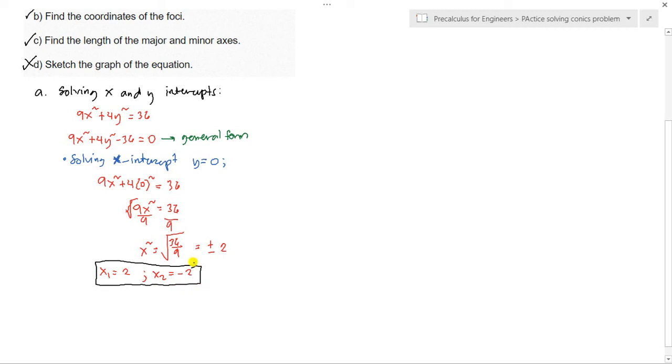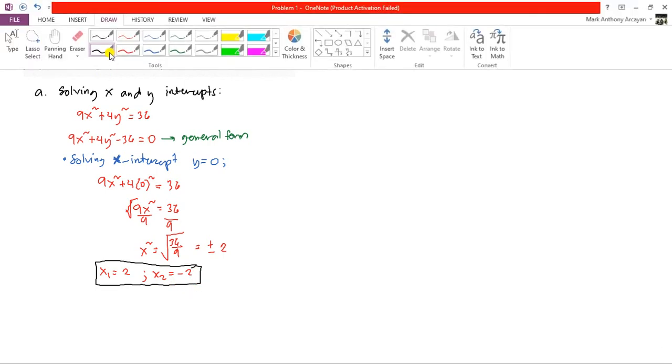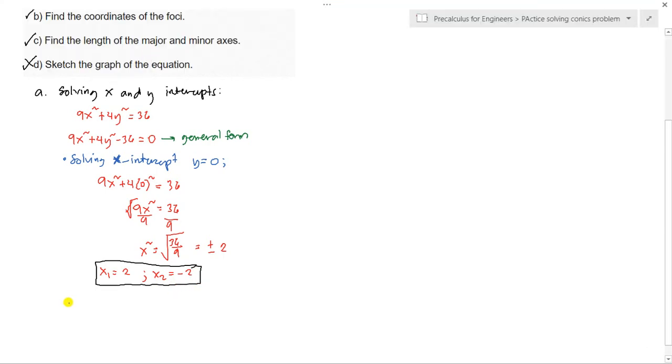Next, we proceed to the y-intercept. Solving for the y-intercept.